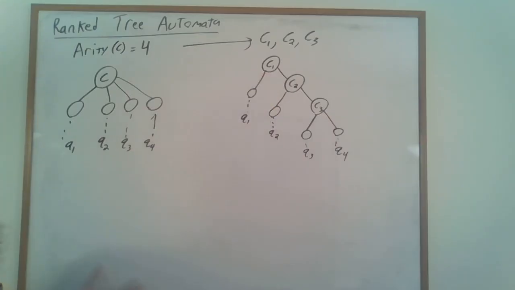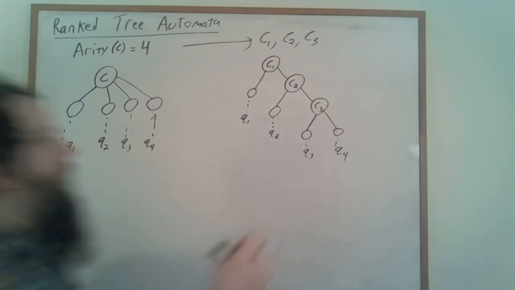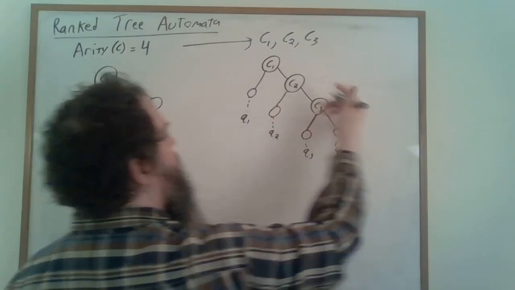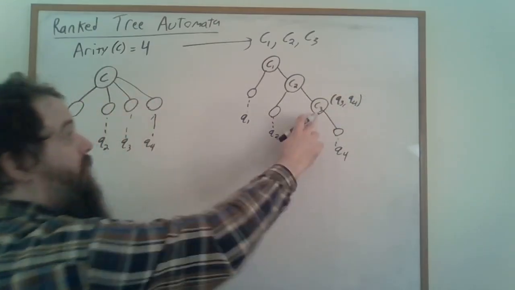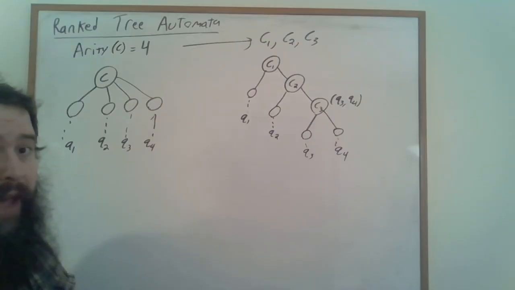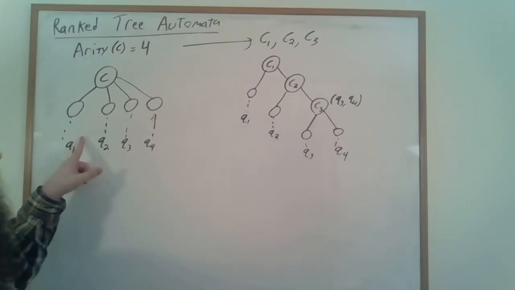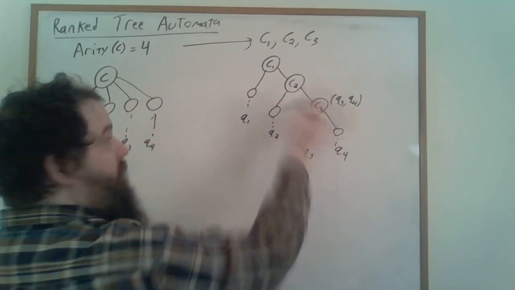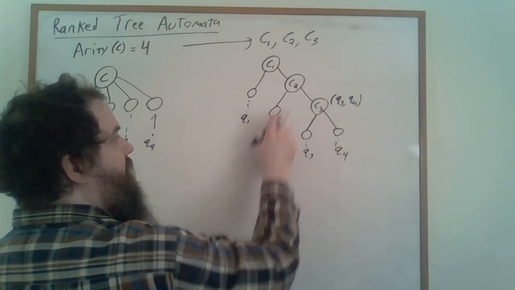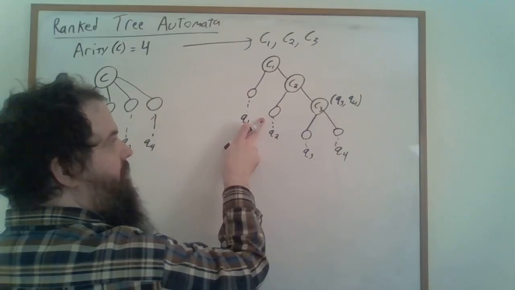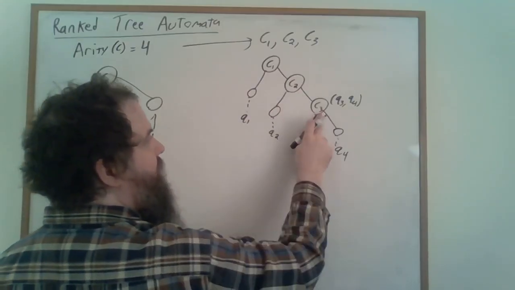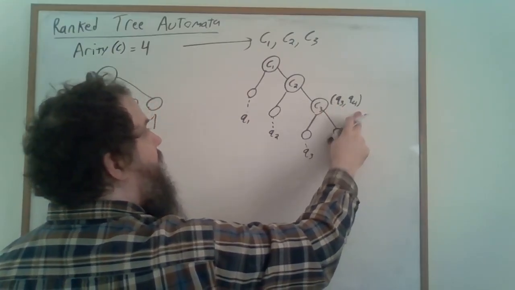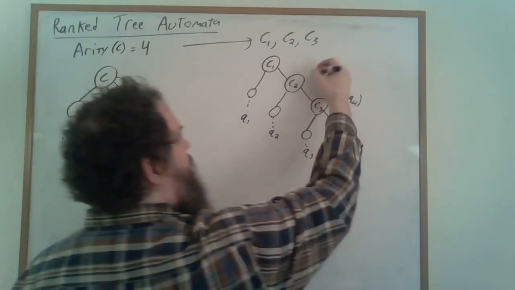Now, there are many ways of doing this, but one way to do this is to simply have C3 pass on all of the information that it gets onto C2. So the state that we're going to assign to this node is actually going to be a pair of states of this automaton. It's going to just be the pair Q3, Q4. And then this node is also going to pass on information. It's going to take in the state assigned to this node, Q2, and the information it gets from this node, the pair Q3, Q4, and it's actually also going to pass on the information.